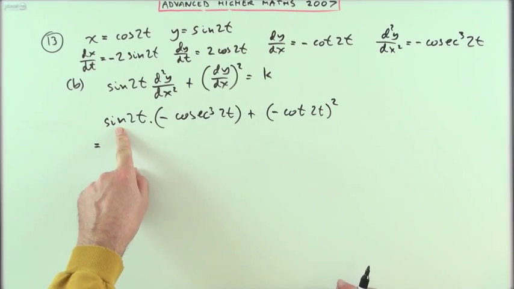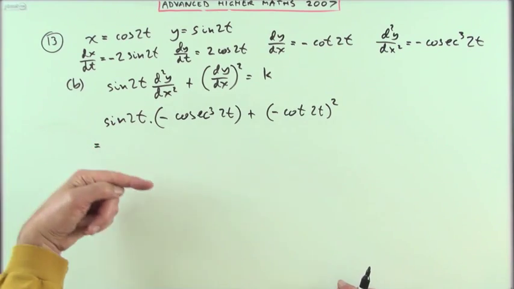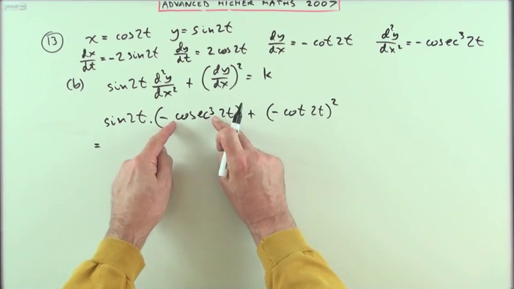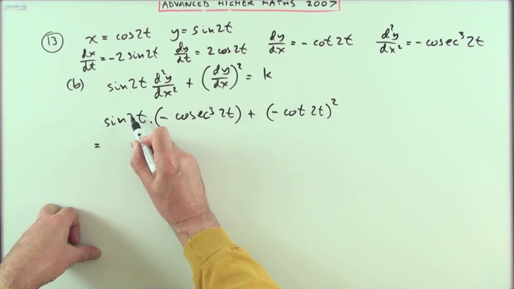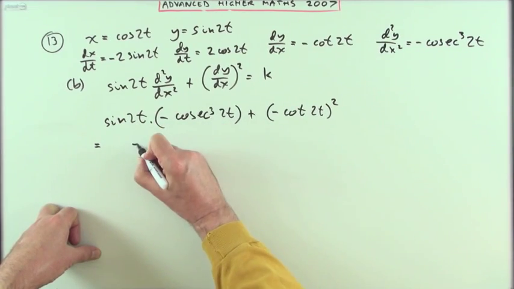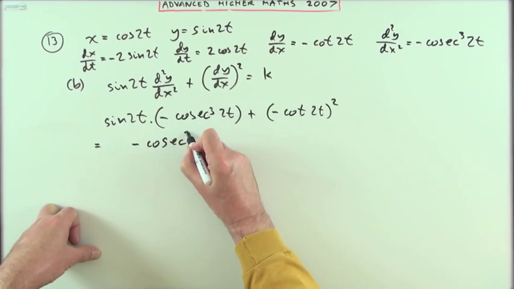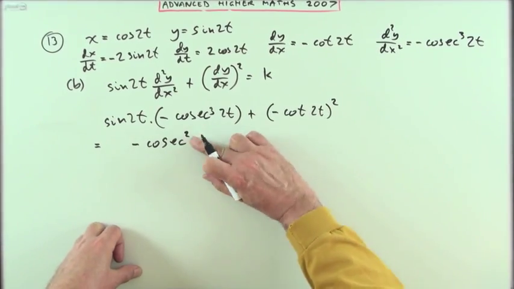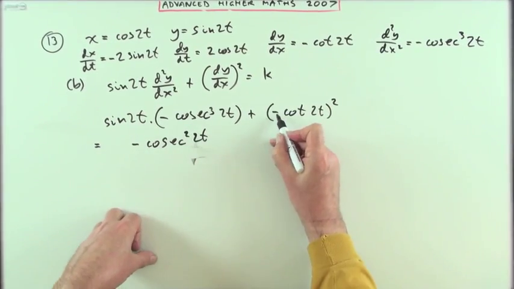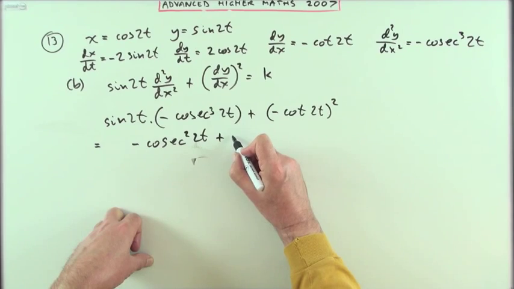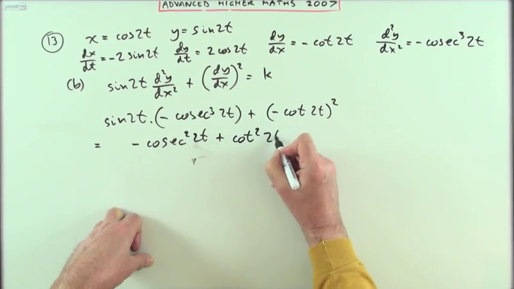Well, sine would be written as a cosec underneath, or you can think of that as being the sine underneath. Whichever way around, that will knock out one of those, leaving me just negative cosec squared 2t. That will now become positive, plus cot squared 2t.